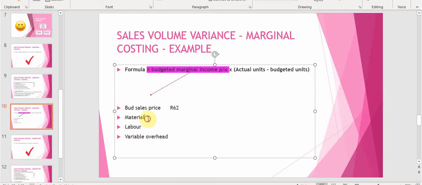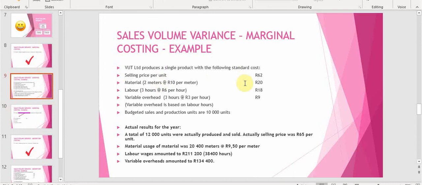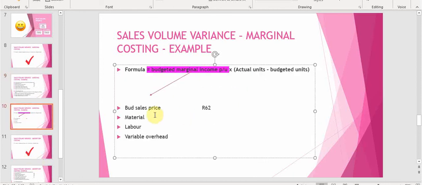Right, I'm just going to go back to the question. I can't exactly remember what the values were. So I'm just going to check them as part of this explanation. All right, so for the material, it seems to me the material was 20 Rand and 18 Rand for the labor. So I'm going to go for material. It was 20 Rand. I'm just going to say minus. For the labor, it was 18 Rand minus 18 Rand.